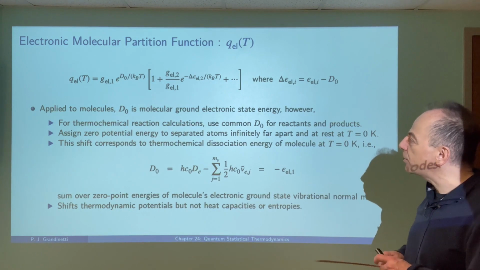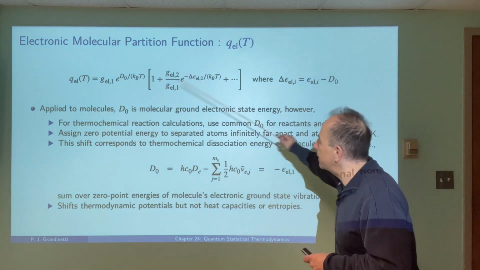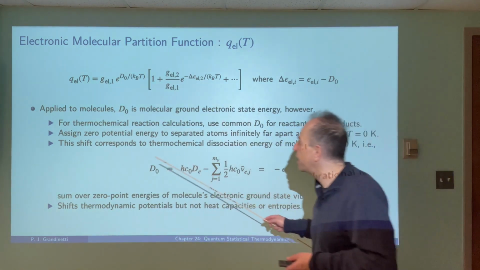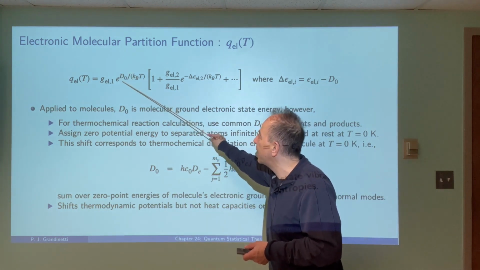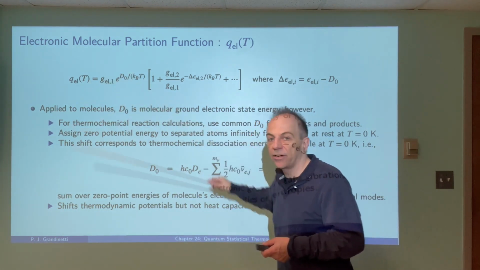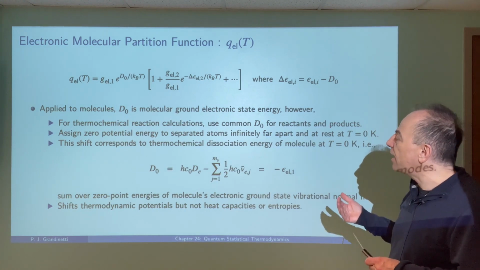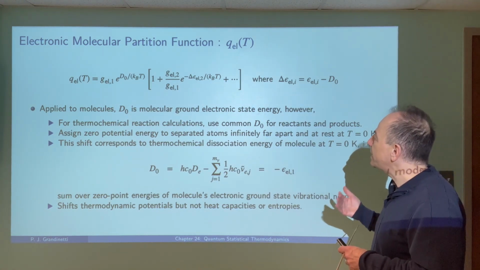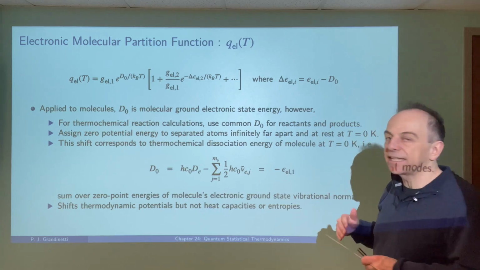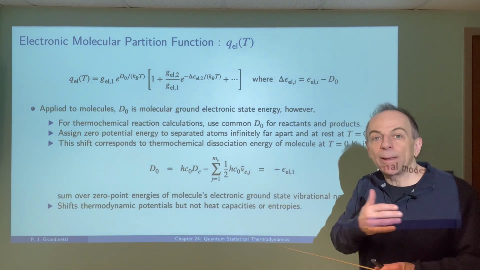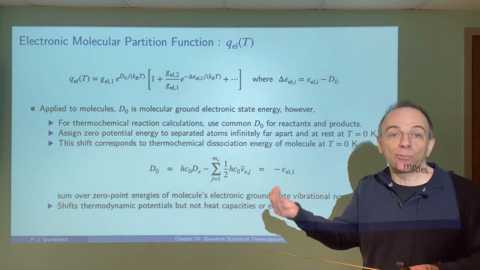When it comes to molecules, we have the same expression here. Nothing's changed, except now this is the molecular ground state, and this is the molecular ground state degeneracy. But if we're going to redefine the D0, we need to do it in a way that allows us to calculate thermodynamic properties for thermodynamic processes.